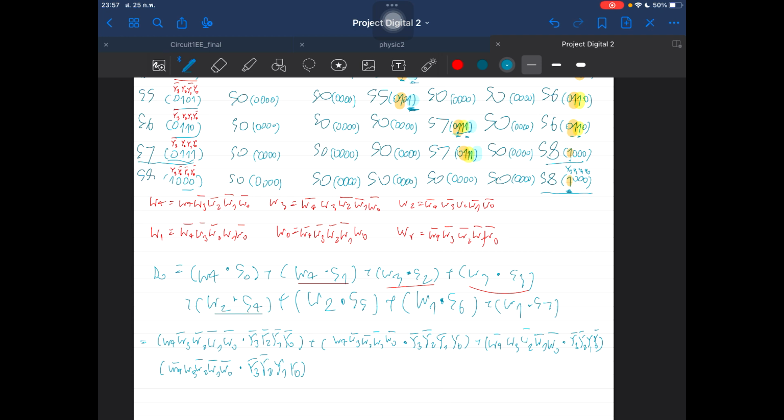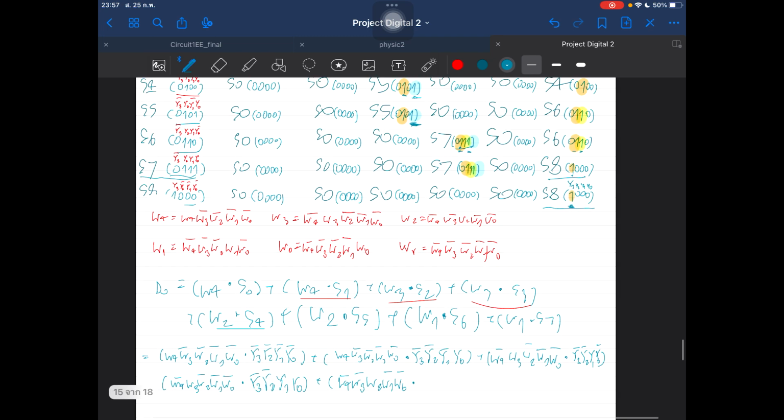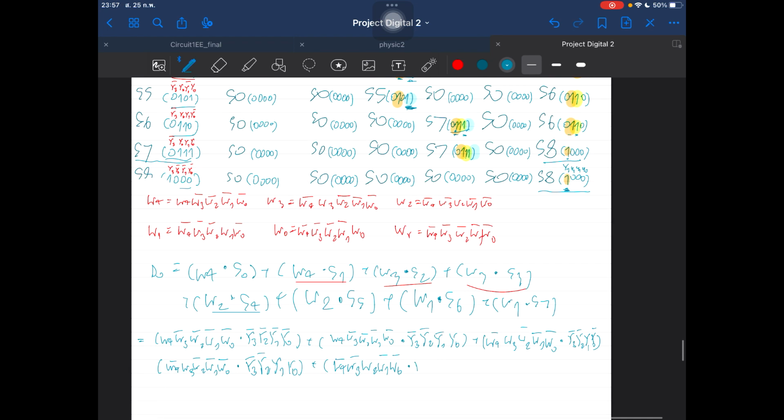Look at the next line. The next equation is W2 is W4 that, W3 that, W2, W1 that, and W0 that. And state 4 name is Y3 that, Y2, Y1, Y0.